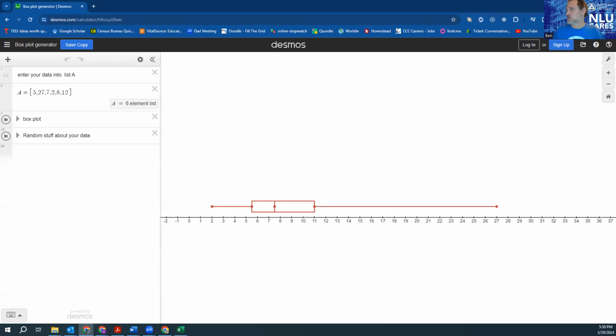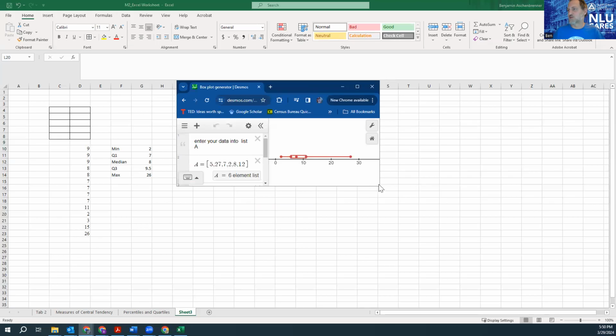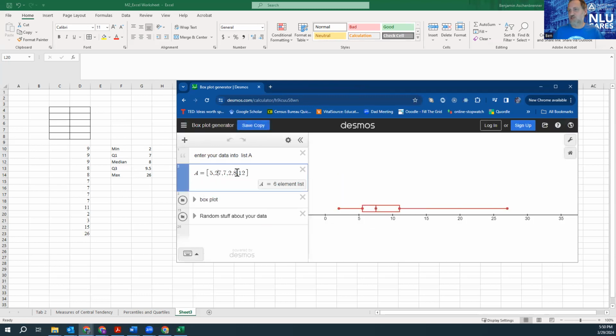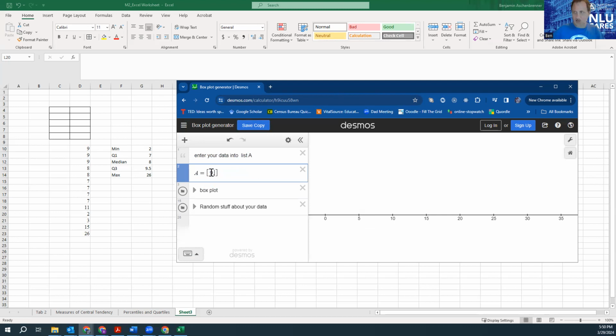I'm going to actually change the size of this so that I can type these numbers in. This is a little bit long-handed because I got to actually type numbers into this data set. So I'm just going to start going here. 9, 9, 9, 8, 8, 7, 7, 7, 7, 11, 2, 3, 15, 26.